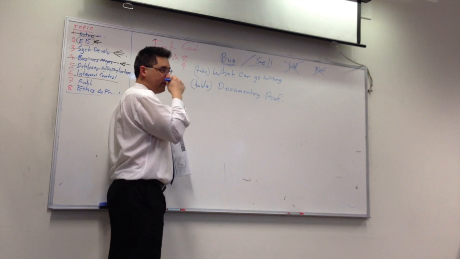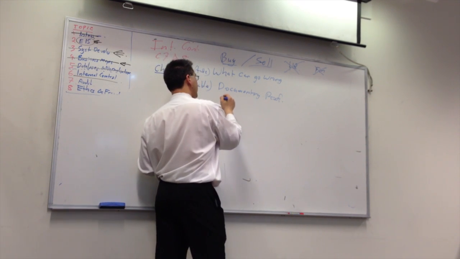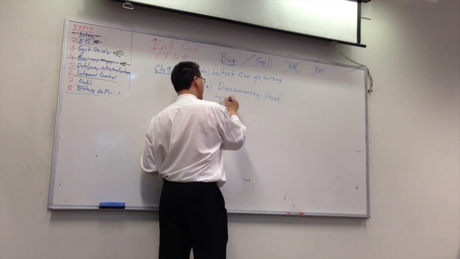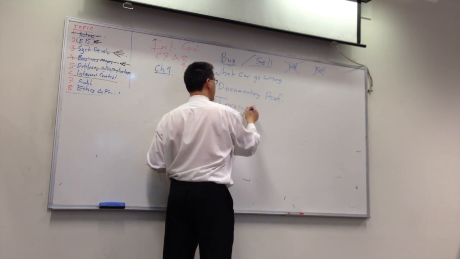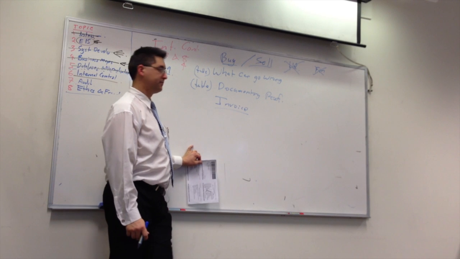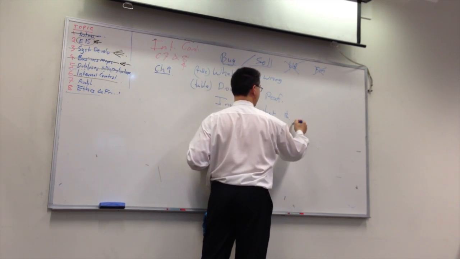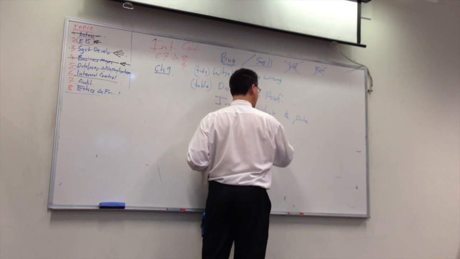All right, so for example, when you're selling, you write this thing called an invoice. What does an invoice do? It specifies the items, the price, the date, and the customer. And it's a contract, isn't it?